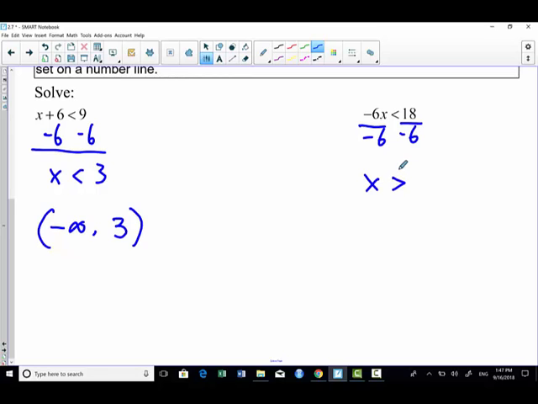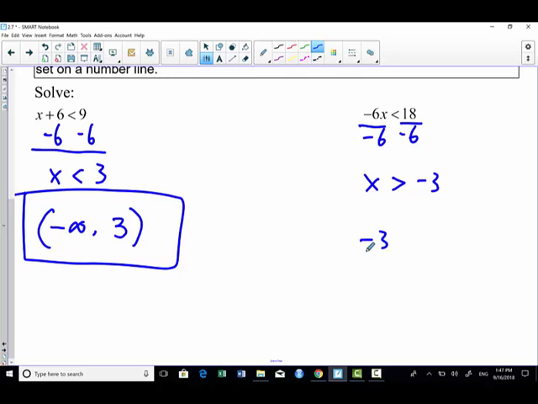And 18 over negative 6 is negative 3. And the interval notation will be negative 3 as the left endpoint, parentheses, infinity as the right endpoint.